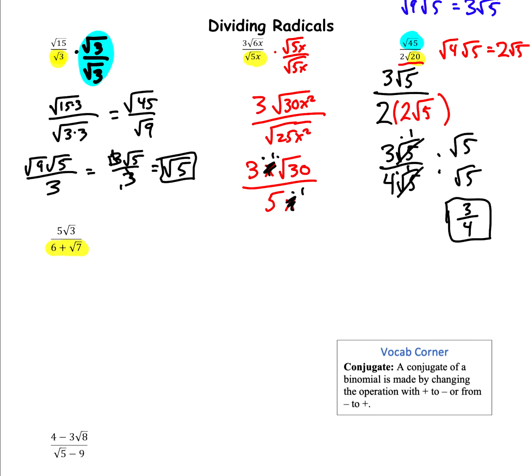We have to rationalize the denominator and make it rational. So I want you guys to take a couple minutes. I want you to pause the video. I want us to try to make this denominator rational. So what would you multiply on the top and the bottom to make that denominator rational and keep the same number?